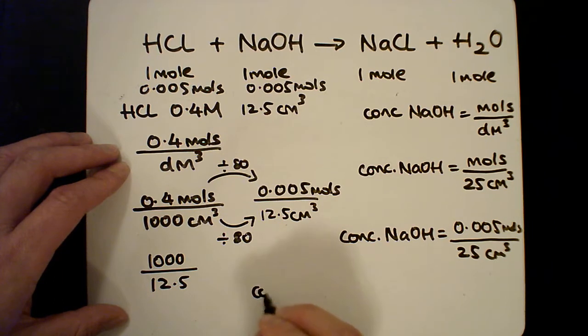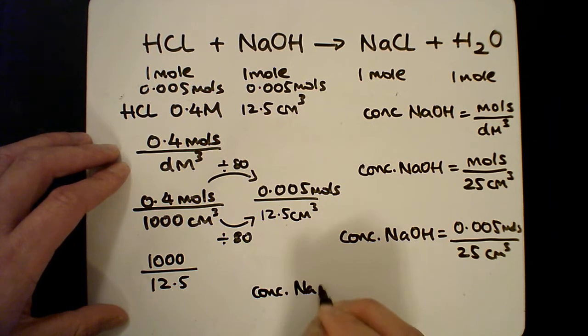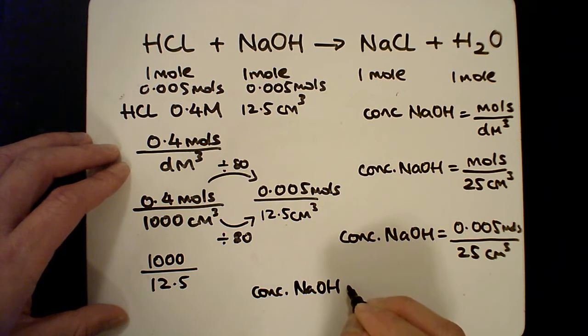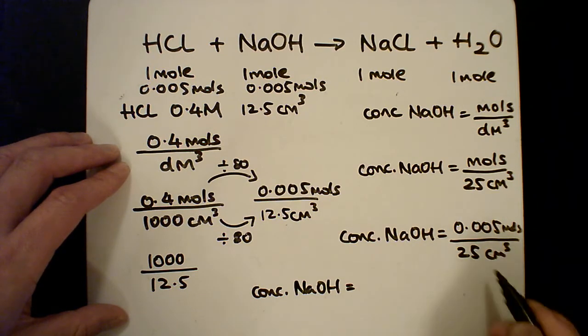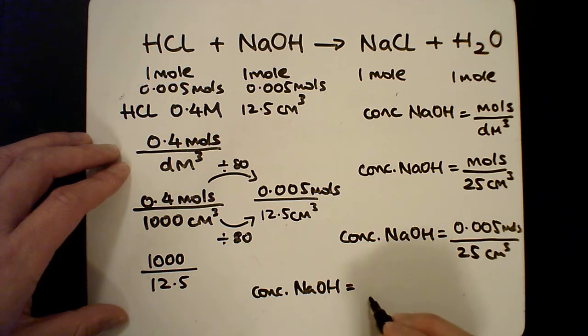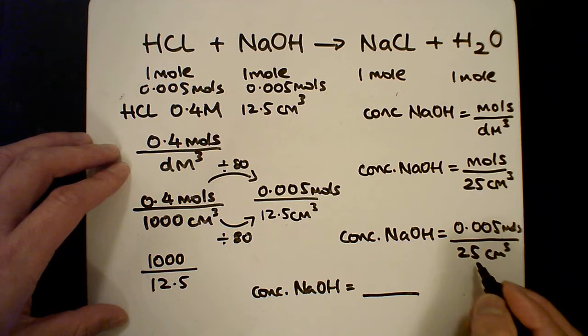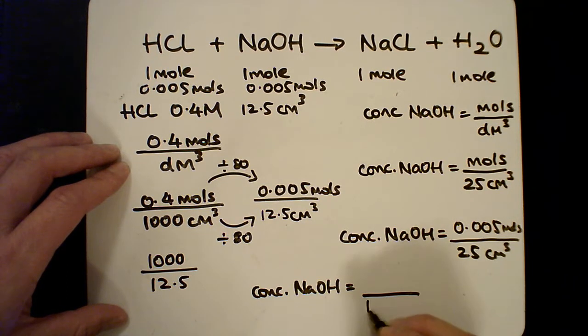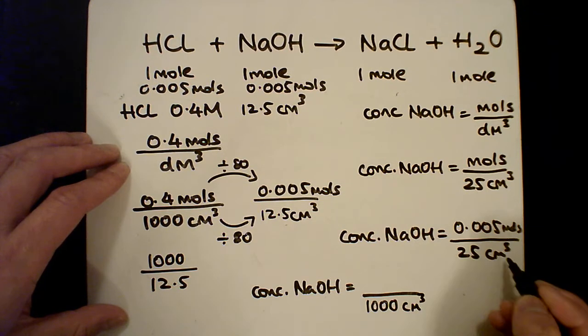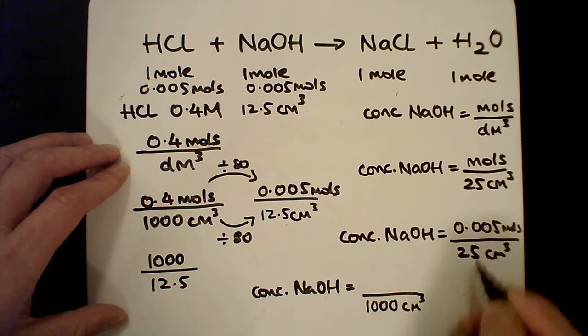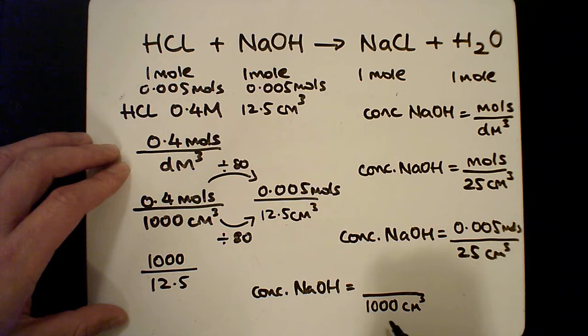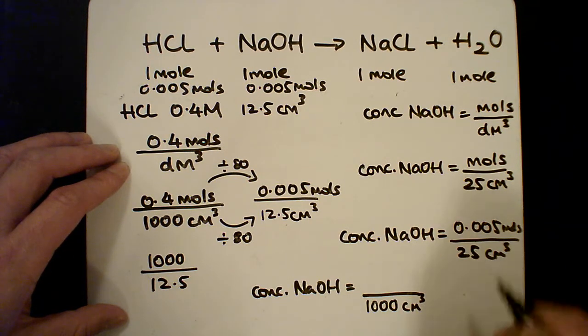We take our 25 centimeters cubed and multiply it by 40 to get 1000 centimeters cubed, and we do the same to the number of moles.